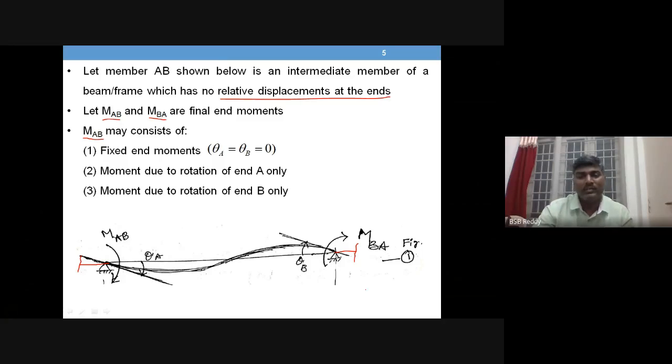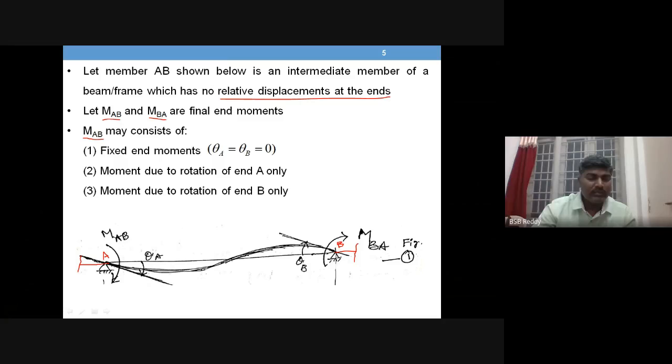So I'll just extend this member and show a cut here. As A is a continuous support, B is also a continuous support.